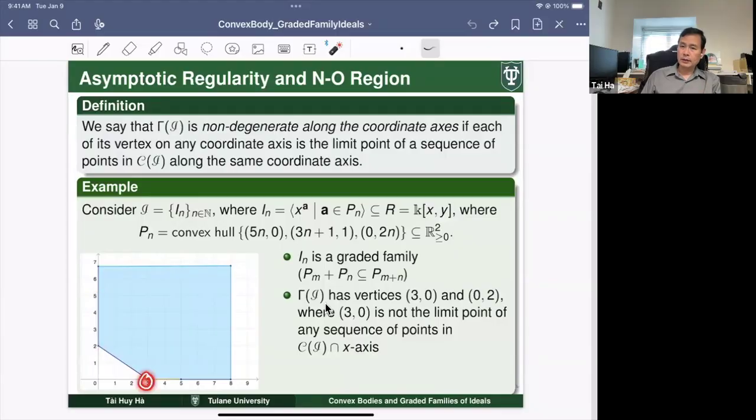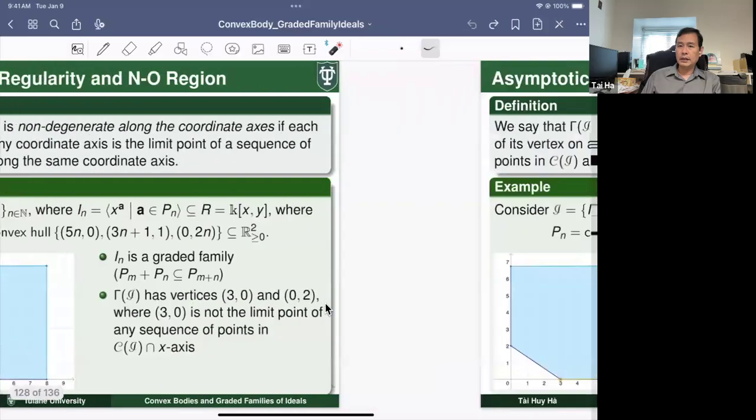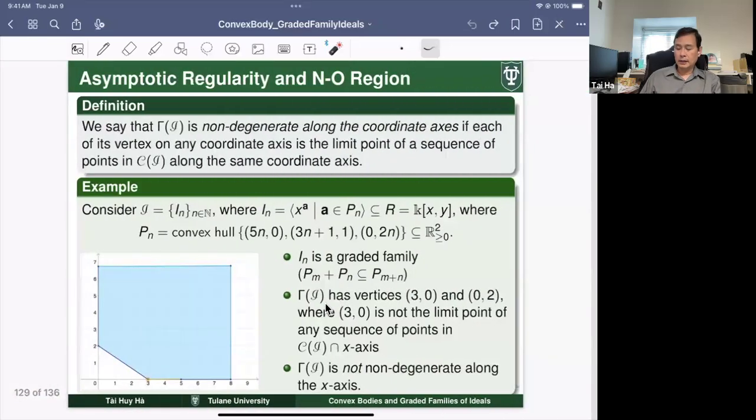But the point (3, 0), well, it is a limit point of a sequence of other points, but if you look at sequences of points on the x-axis, those points are not inside the limiting body. So this point fails the condition, and this is not non-degenerate along the x-axis.